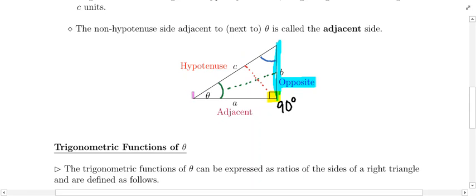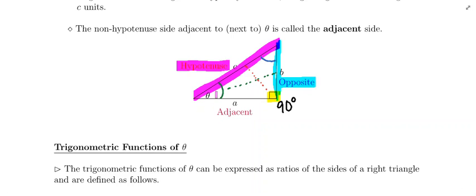So this side, I'll color it purple, is the hypotenuse. It is going to be the longest side in the triangle. And then the remaining side is the adjacent side. It's considered next to, but if you have trouble identifying the adjacent side, just find the opposite side, find the hypotenuse, and then the other side has to be the adjacent side.